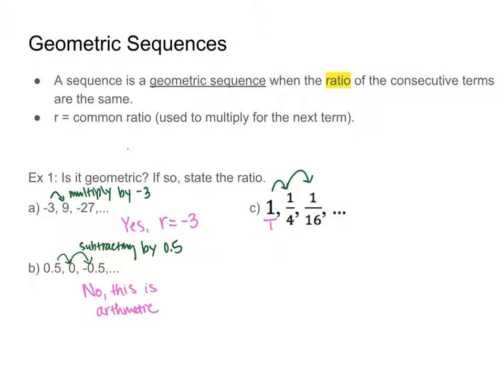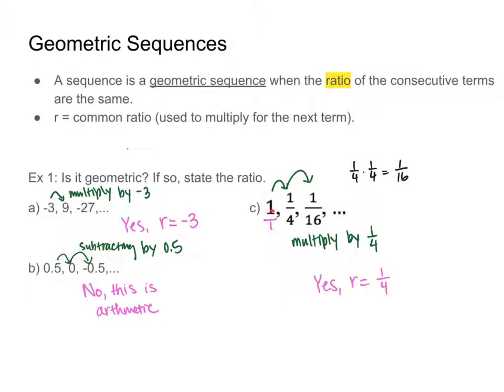Because the bottom is being multiplied by 4, I can say that this is being multiplied by 1/4. If you multiply 1 by 1/4, you get 1/4. If you have 1/4 times 1/4, you get 1/16. You multiply straight across, and that's our term right here. So because we're multiplying by 1/4 every time, this is geometric, so yes, and r is going to be positive 1/4.